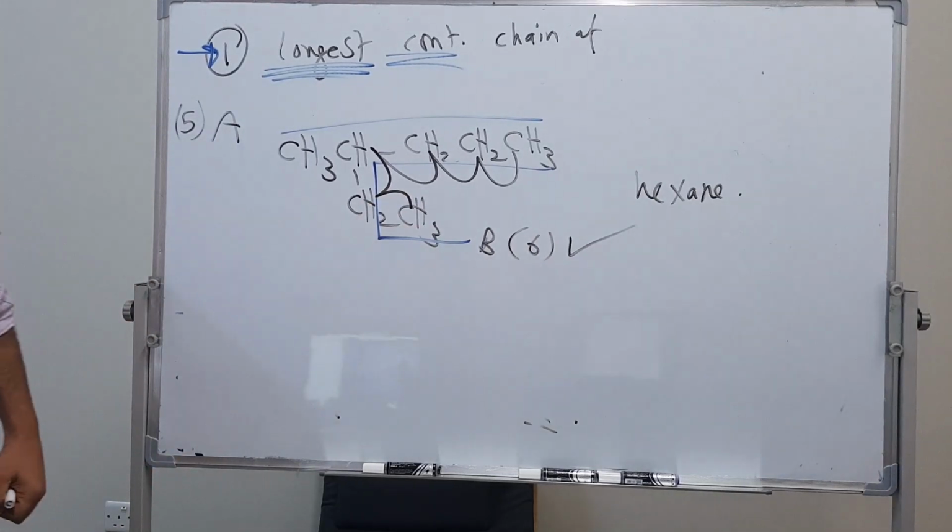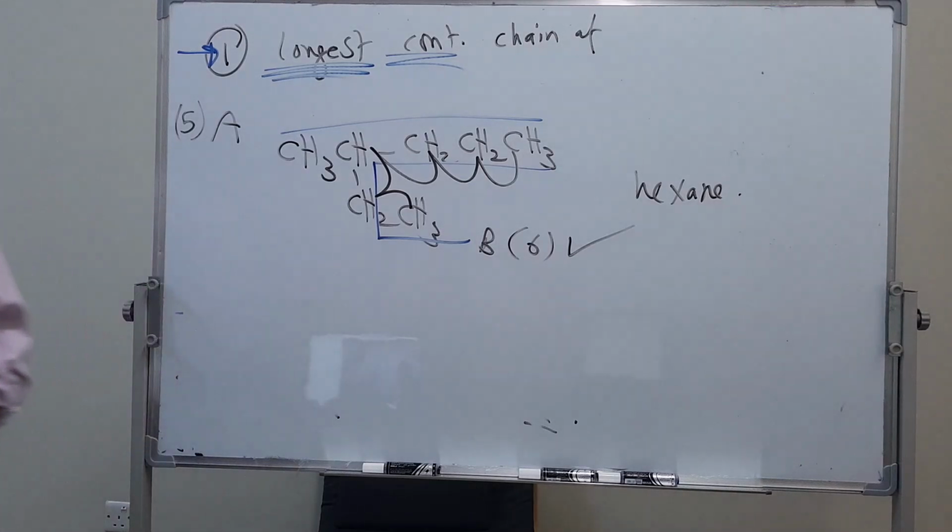Then this is a continuous chain of carbon atoms. Yes, you have a question? Another example of a longest chain, a non-continuous chain. I see.